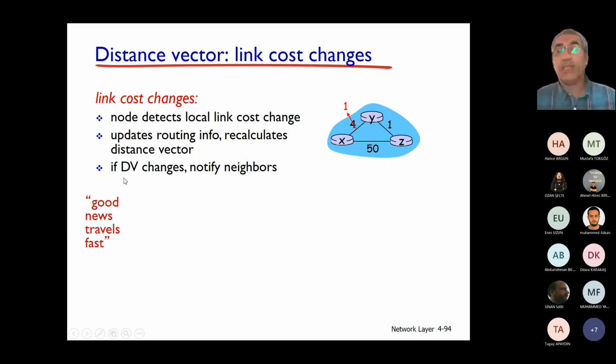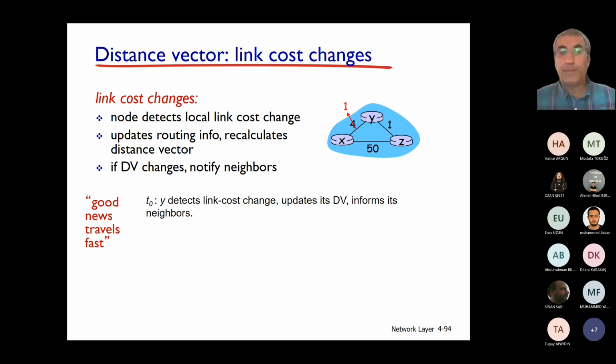If the distance vector changes, we need to notify neighbors. So let's say at T0, the Y is going to detect this link cost change, update its DV metric, and then inform its neighbors, which are Z and X.